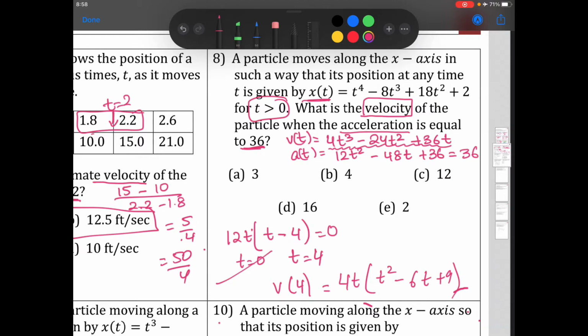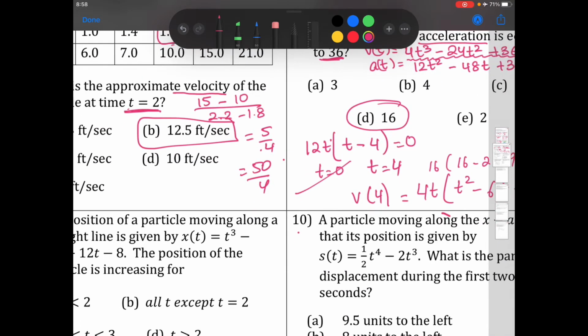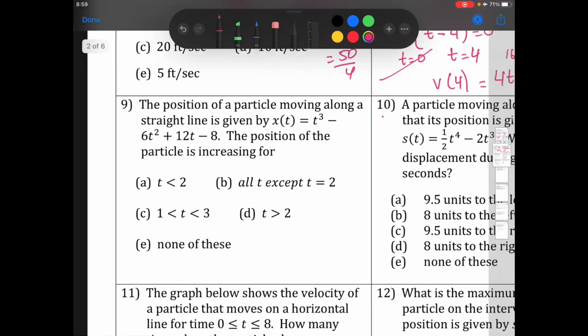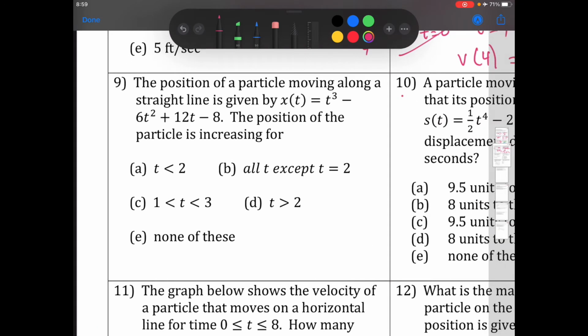So if I substitute 4, 4 times 4 is 16, and this would be 16 minus 24 plus 9, which would be just 1. 16 times 1 is just 16, so D is 16, right? So that's what it was. It was a little tricky question, but be careful. Read by parts and circle and underline whatever seems important or whatever the question is asking, and always go back and see, did you answer the question?